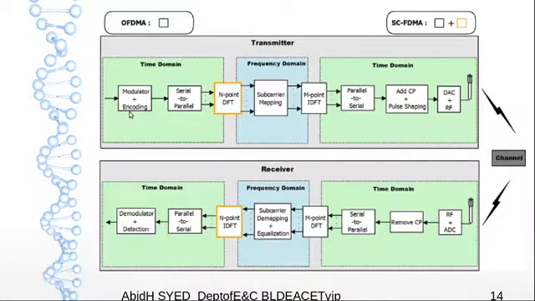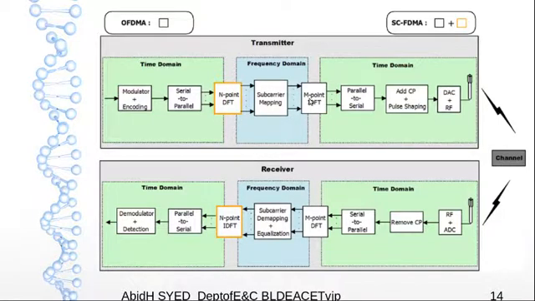Then these are put through serial to parallel conversion, using a shift register, that means serial in, parallel out. We put these modulated symbols onto N subcarriers. Then the discrete Fourier transform is done, followed by subcarrier mapping.